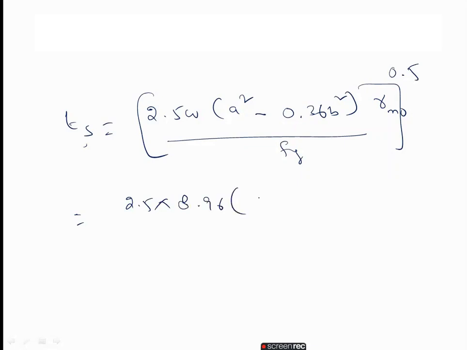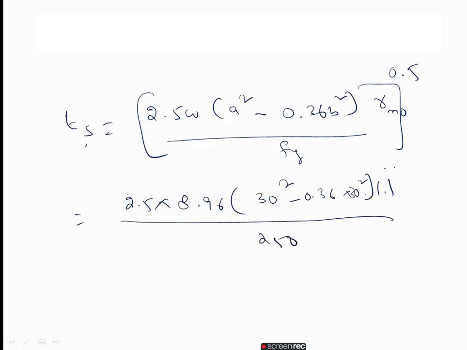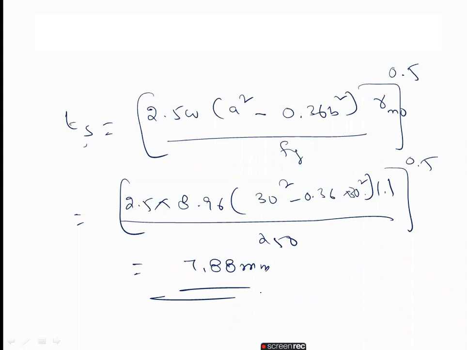This is the pressure. A is the projection, 30 square minus 0.36 into 30 whole square. Gamma m0 is the factor of safety 1.1. Fy is 250, whole power 0.5. You will get the answer 7.88 mm. This is the minimum thickness required for the base plate.